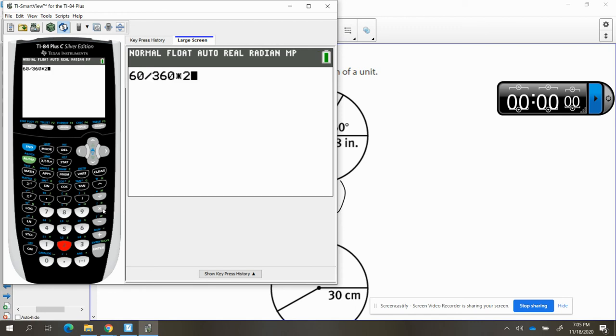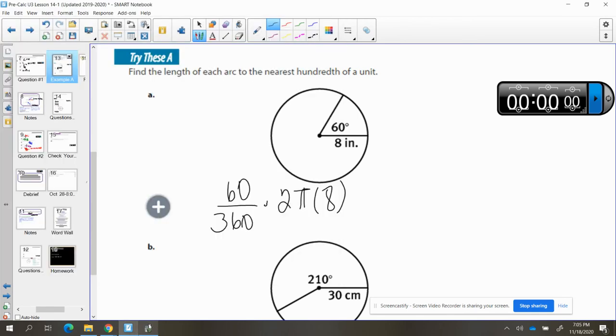And use your pi button to get the most accurate representation, and we get an approximation of 8.38 inches would be the approximate length of this arc. Try the next couple examples on your own.